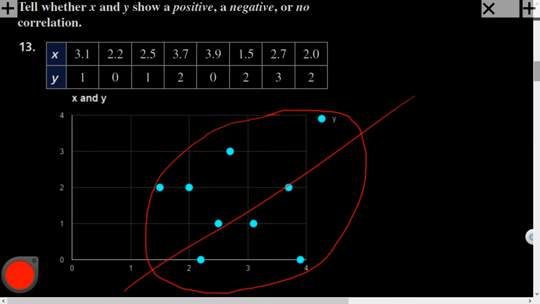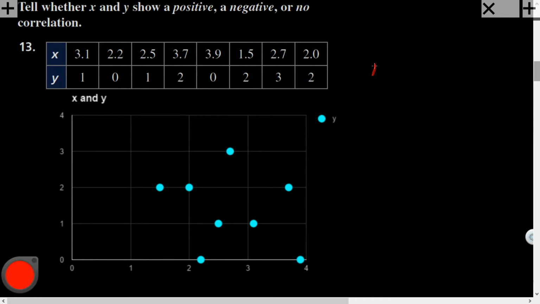But notice my points are really far from my line. I feel like this isn't a good representation. So I'm going to say no correlation. All right, these points are just all over the place. I don't think they have a relationship that would work here. So no correlation would be the answer.